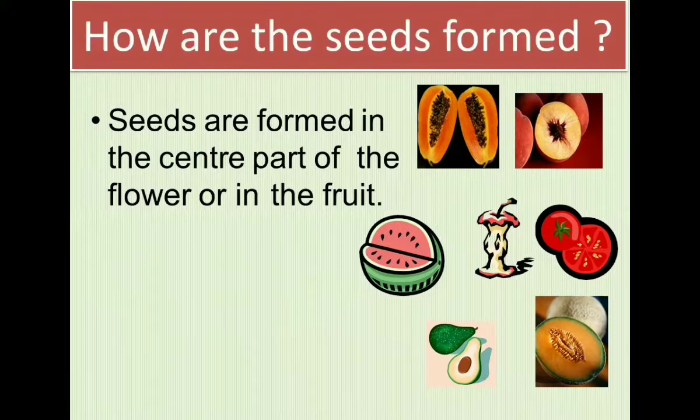So when we plant the seed in the soil and give all the required things, the seed will grow into a beautiful flower. That flower will give us fruits, and that fruits will give us seeds.